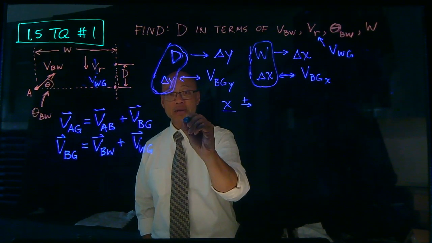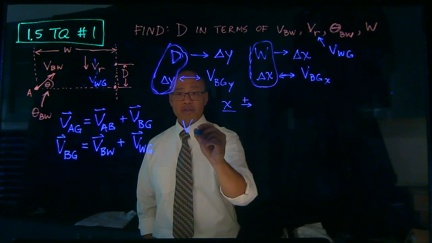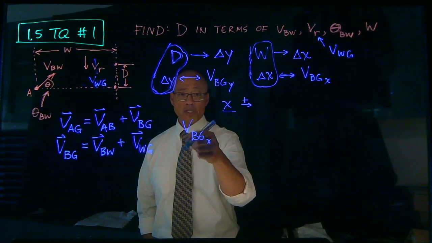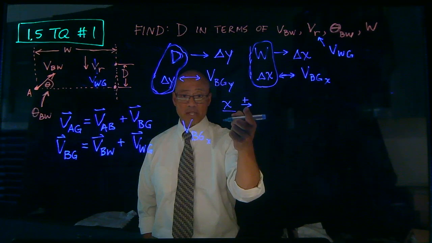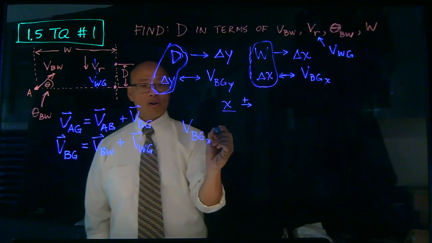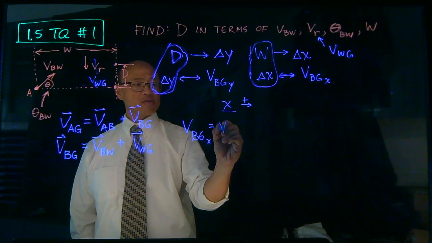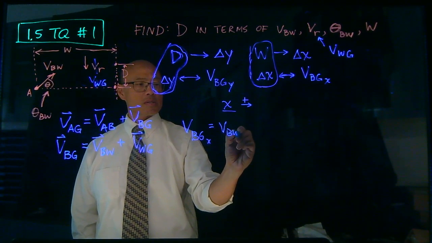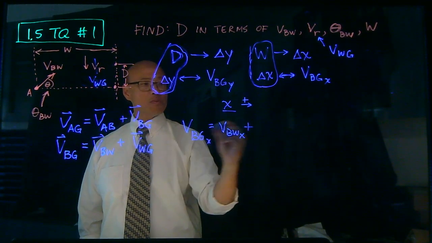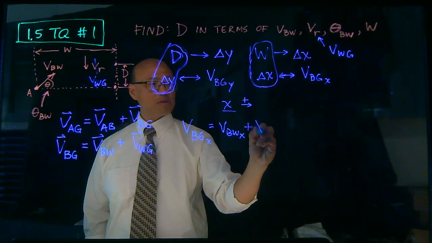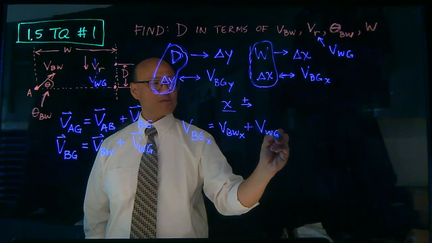I've got VBG in the X direction, which could be positive or negative as an answer. All that is going to equal what? VBW in the X direction plus VWG in the X direction.